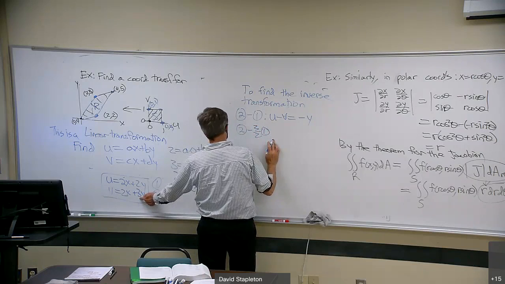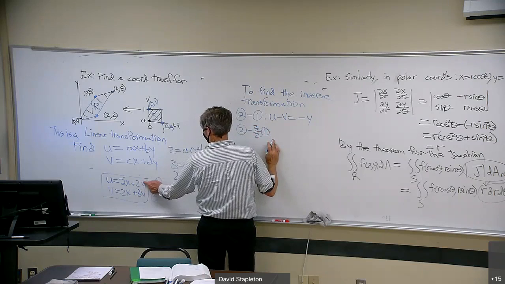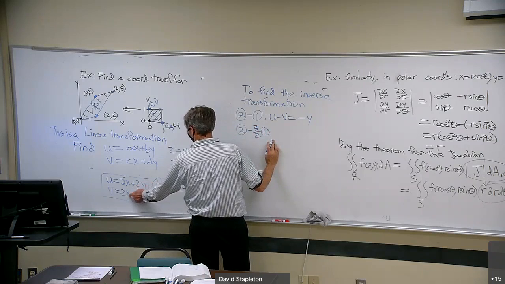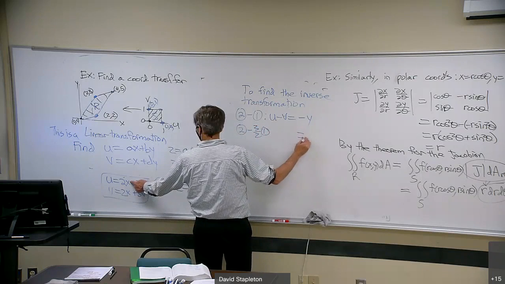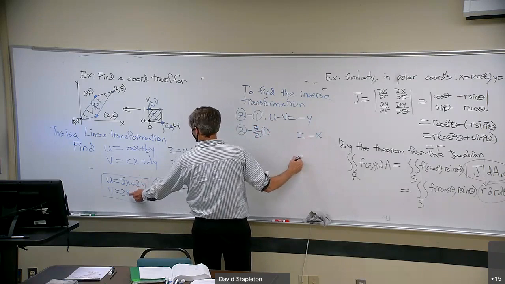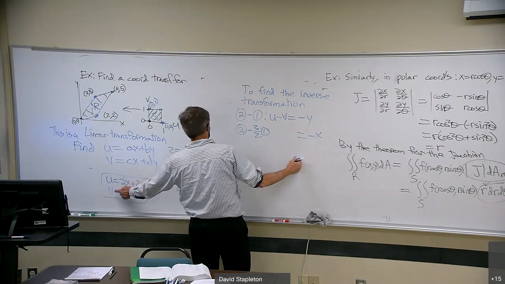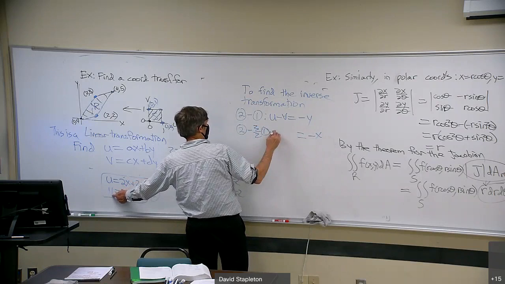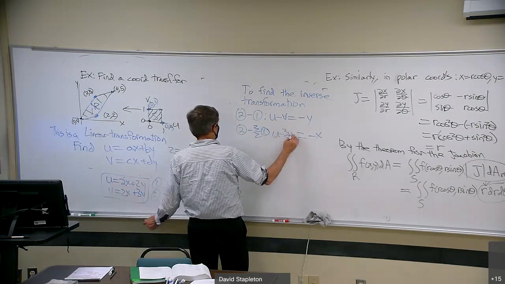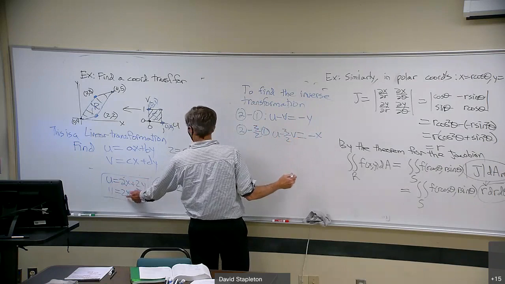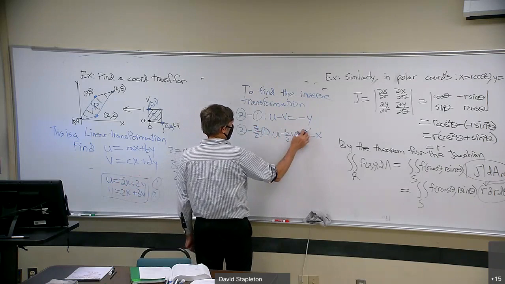I'll take this one minus 3/2 times this one makes the y's go away. This one minus 3/2 times this one gives minus x on the right. 2x minus 3/2 of 2x is minus x. And then this one I have v minus 3/2 u. So this equation minus 3/2 the first equation gives me this.